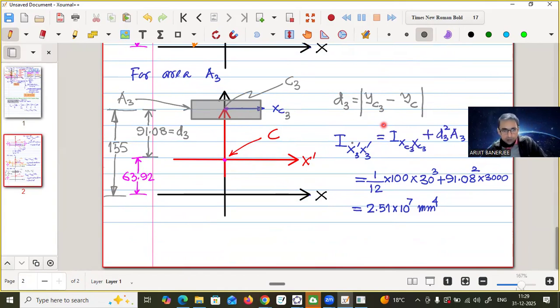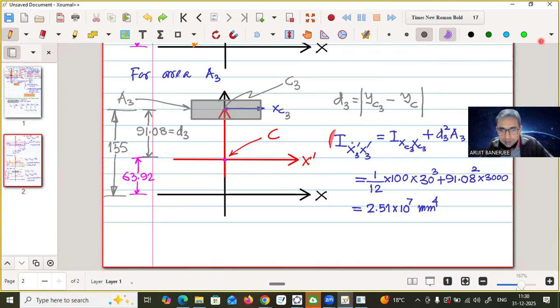passing through a point. Okay. So you see that this one is the moment of inertia. Okay, let me color with a different color so that you will follow.